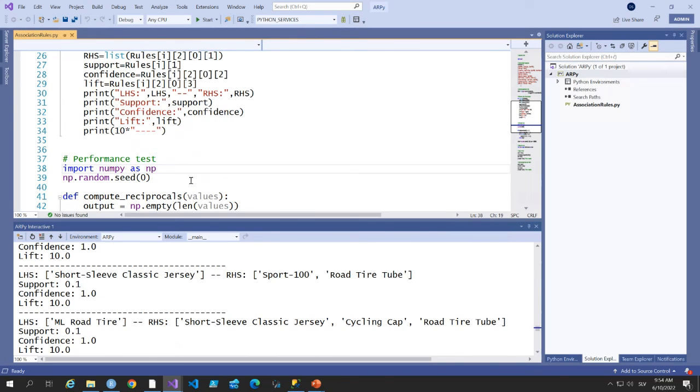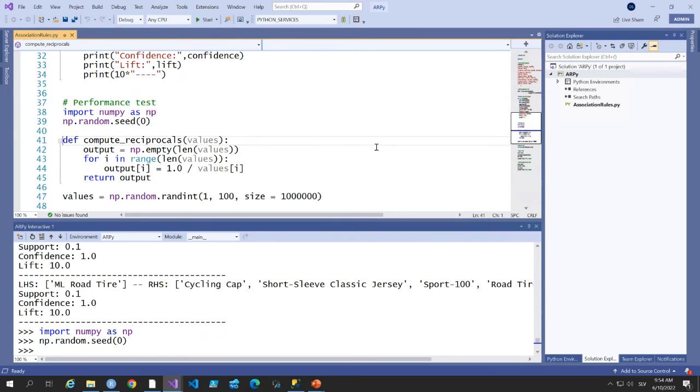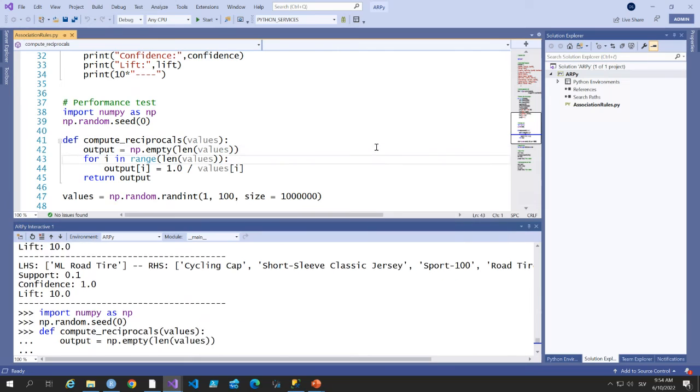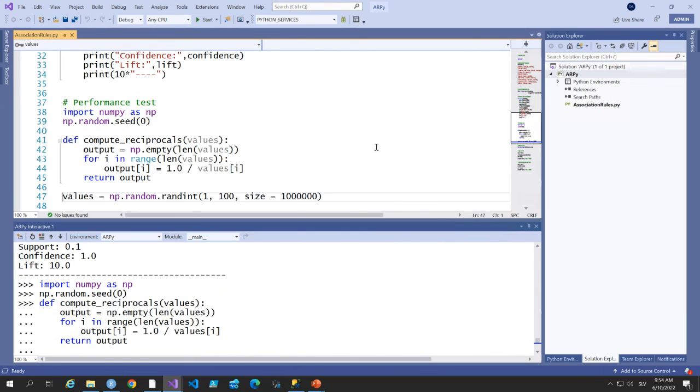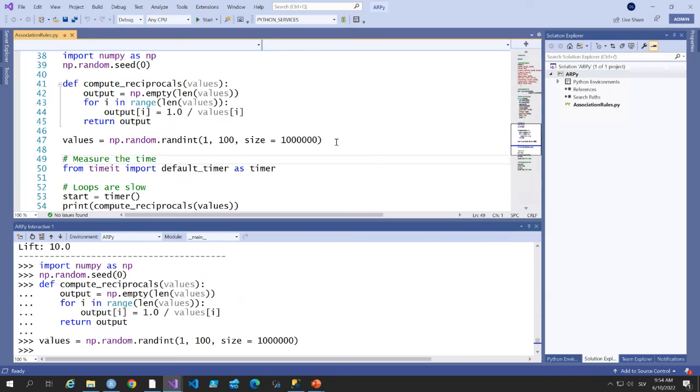Let me show you what is the difference of having matrix operations or not. So I will just compute reciprocal values of some numbers. I am defining my own function, and the size of this is 1 million, right? So I will calculate reciprocals of random integers between 1 and 100, 1 million of them.